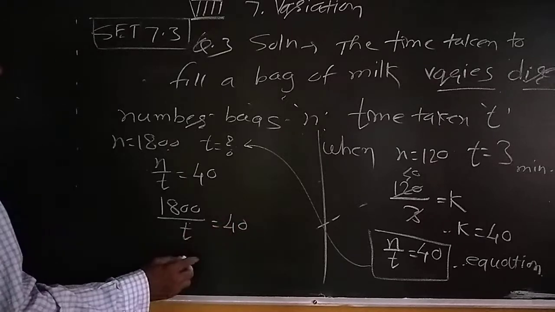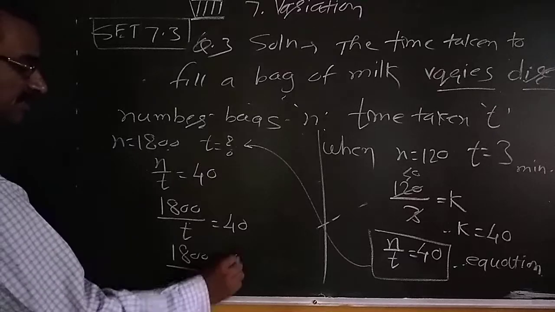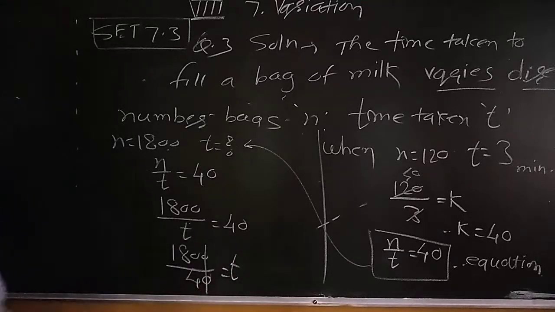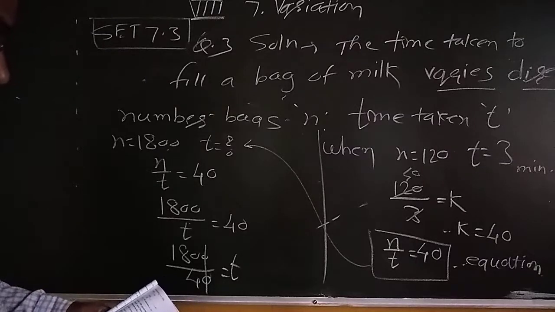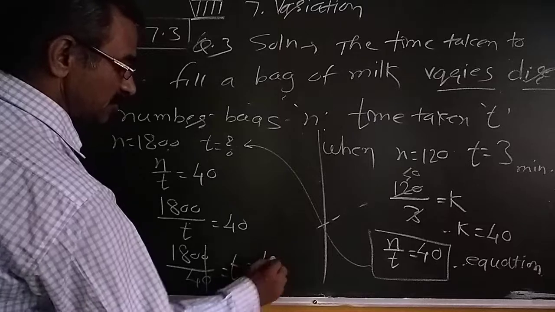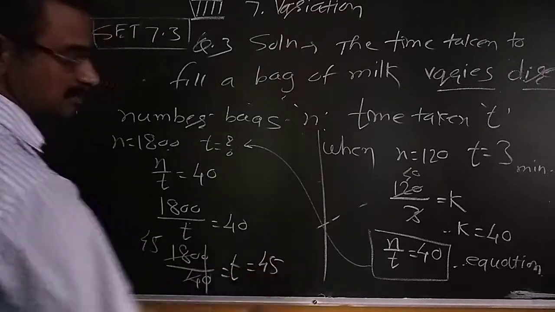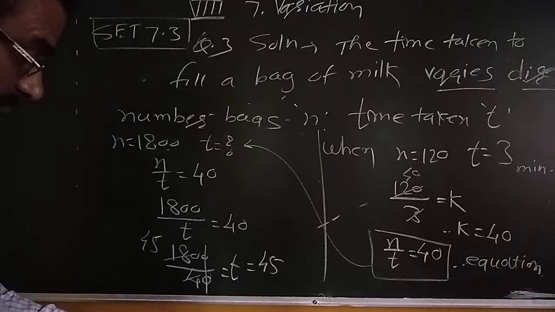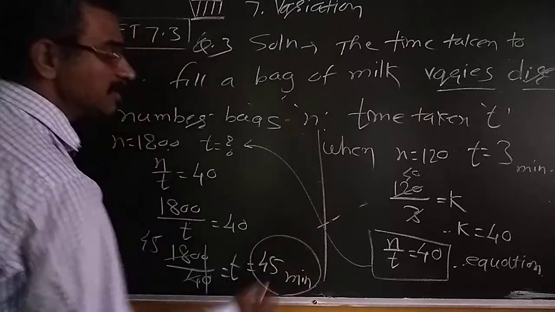By interchanging it, we will get 1800 upon 40 is equal to T. By dividing it, we will get the value of T is equal to 45 minutes. That is our answer.